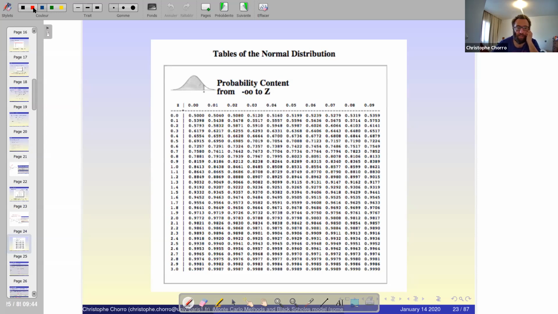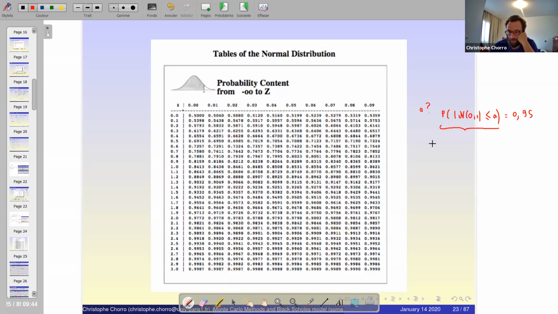So if I take my previous example, what I want to find is A such that the probability that the absolute value of my N(0,1) is less than A is equal to 95%, for example. So let's use this table in order to find such an A.